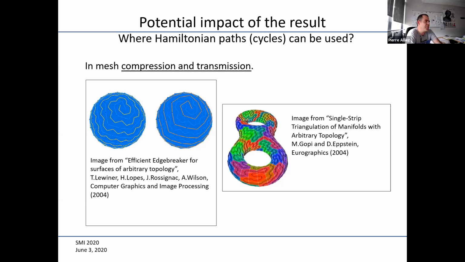Yes, combined with continuous optimization, such as vertex relocation. This is an FCC grid, so the vertices must be in some specific positions, but maybe we could start from an object in a specific grid and then optimize the shape according to some cost function. Maybe we could use in some way also the Hamiltonian paths on it. Probably. Thank you.